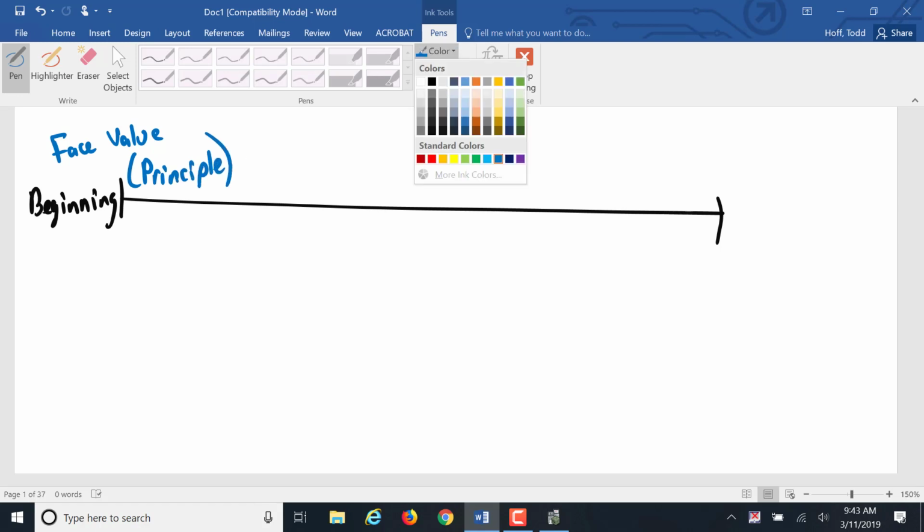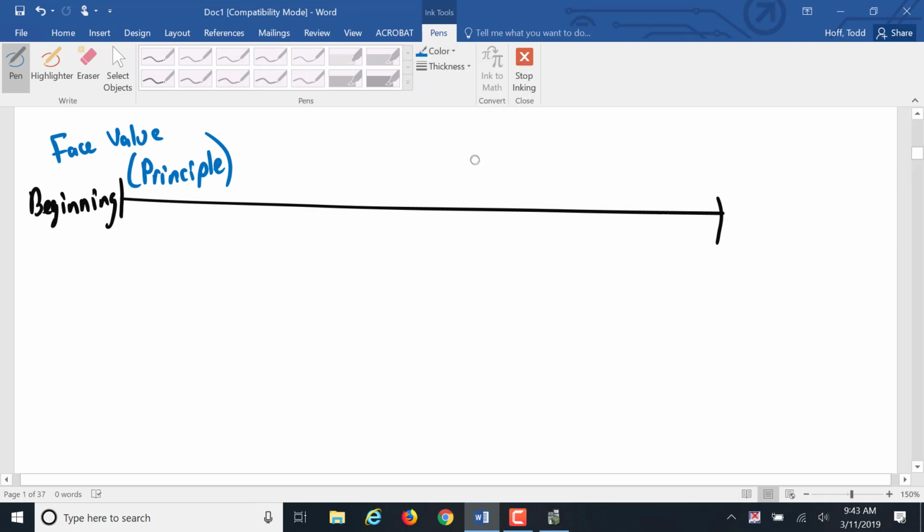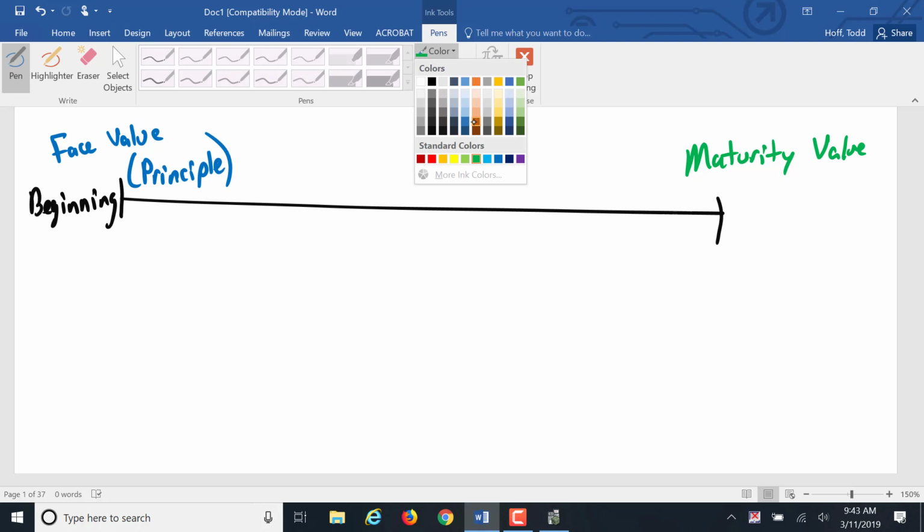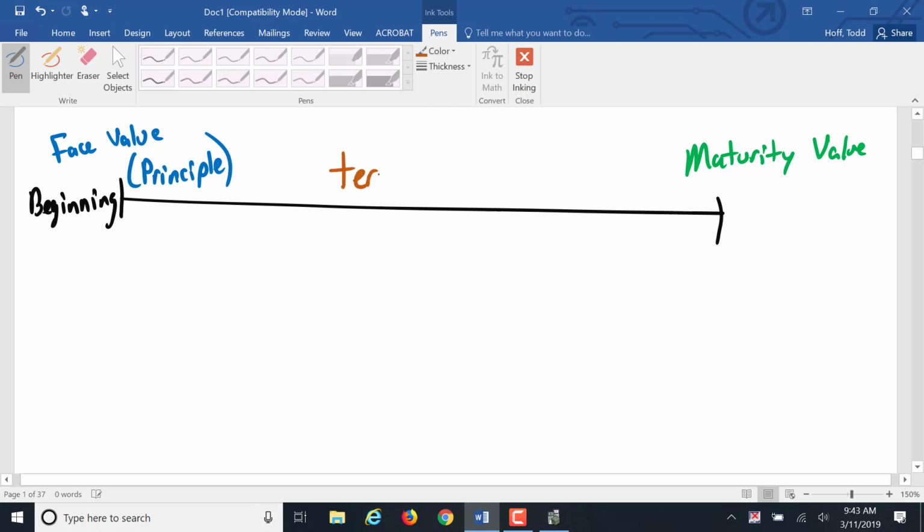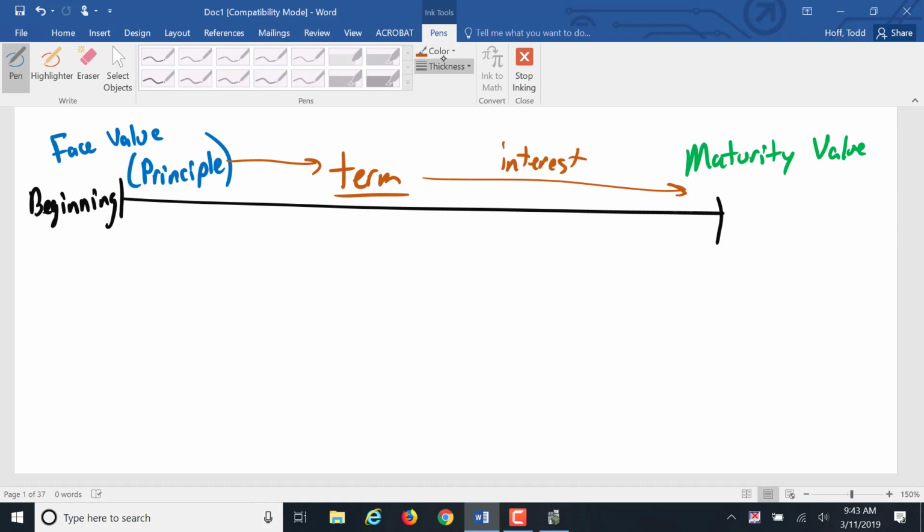And if that note were held to maturity, there would be a maturity value. And of course, there is a term, whether that's 90 days, 120 days, whatever is specified in the note, that note is supposed to be held for. And if held for that complete term, that face value is going to add interest and produce that maturity value.